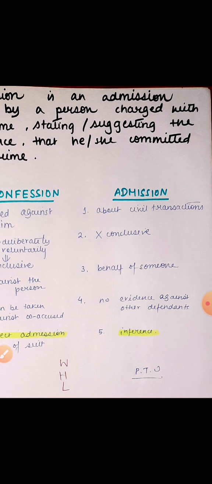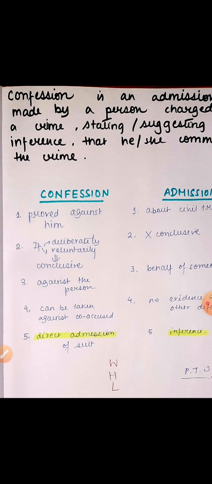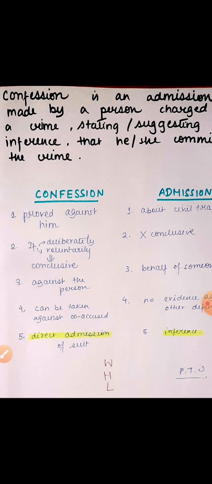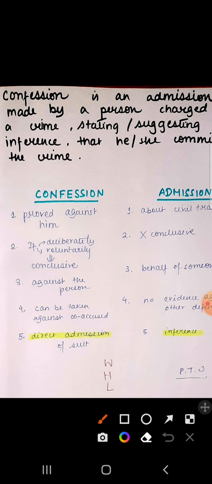But admission by one of the defendants is no evidence against the others. Confession is a direct admission of guilt. Even if you can't remember the definition of confession, then you can write this. It's a direct admission of guilt. Either this or that. You can also include this point in your main definition of confession.